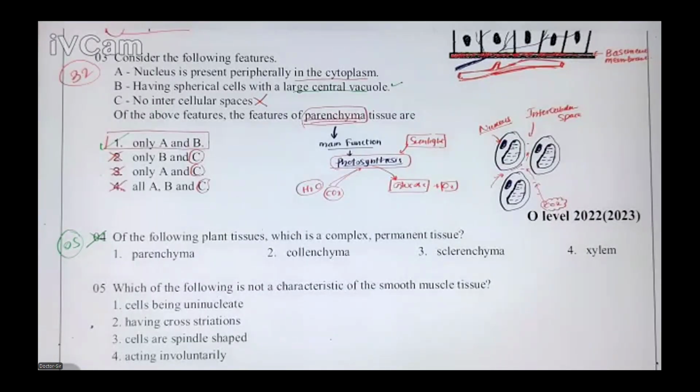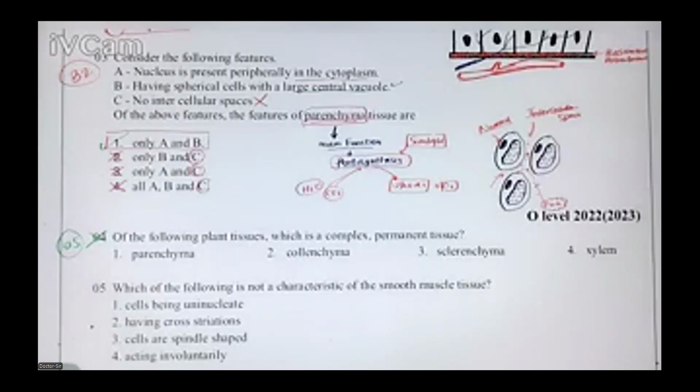This paper is prepared for classified answers, but unfortunately the time is not enough to share and take a printout and all those things. So that's why I asked you to take your past papers and practice with me. Right, now tell me, what is the complex permanent plant tissue?